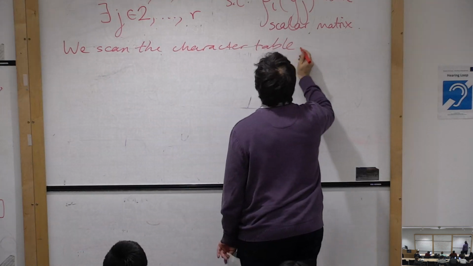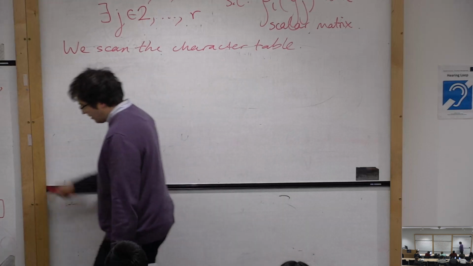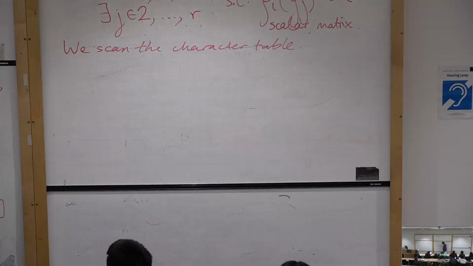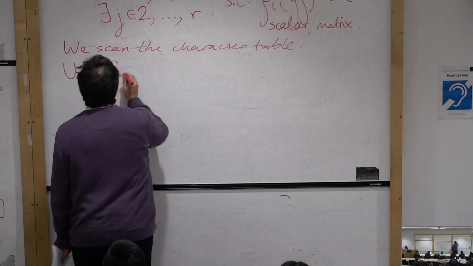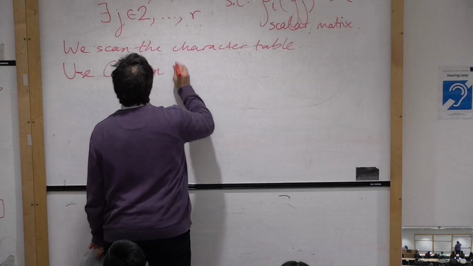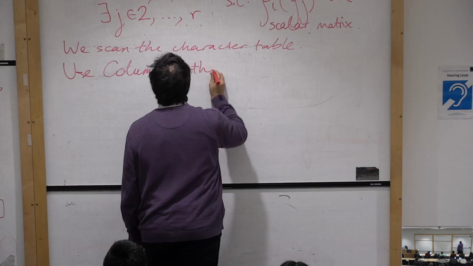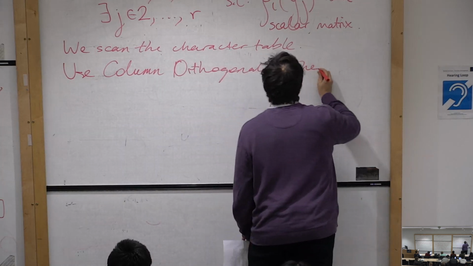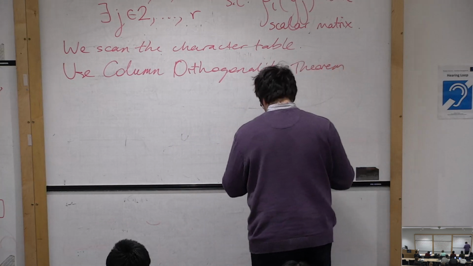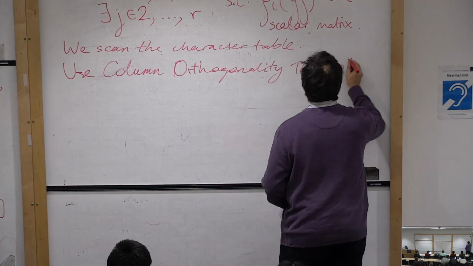In the first application last lecture, we used row orthogonality. Now we're going to use column orthogonality, Theorem 5.23.